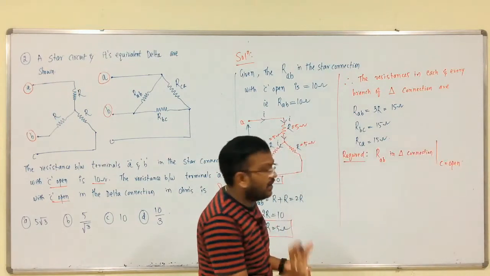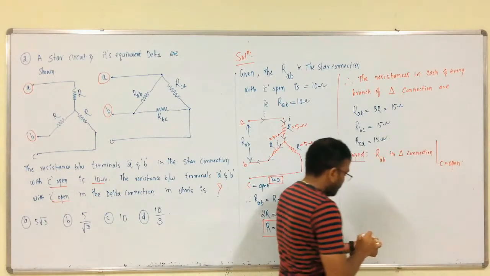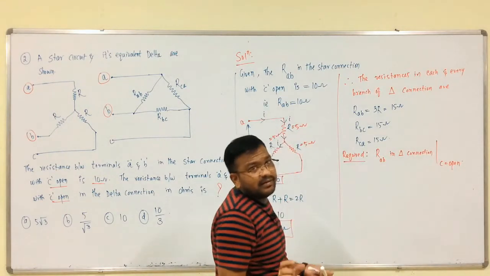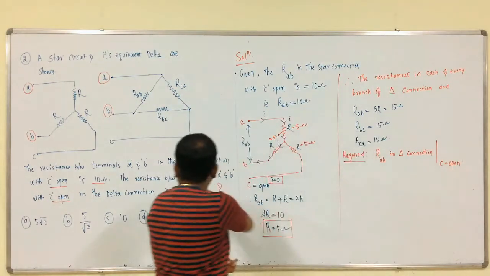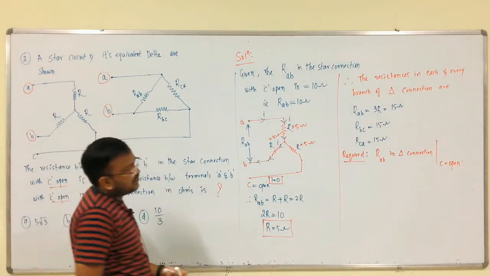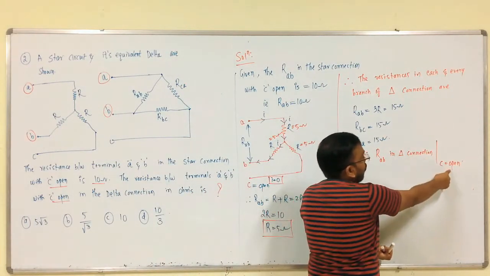So, like this you have to write what is required, RAB in delta connection with C open. This is the shortcut method to write the entire sentence.